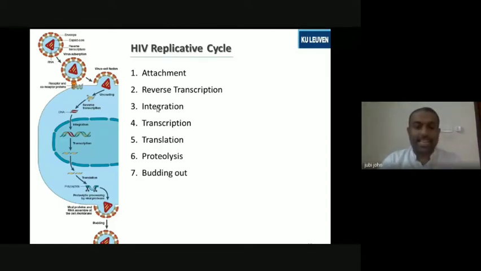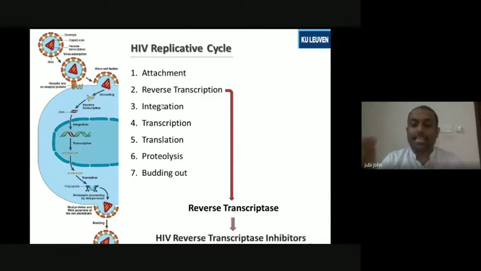So we decided to look at the reverse transcription stage, where an enzyme called reverse transcriptase helps in the production of DNA from the viral RNA. Hence, what we wanted to develop was an HIV reverse transcriptase inhibitor.